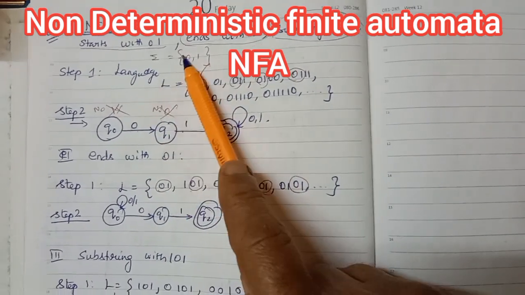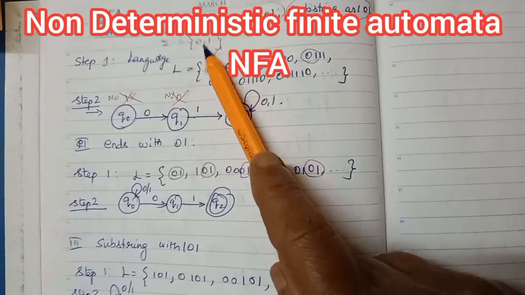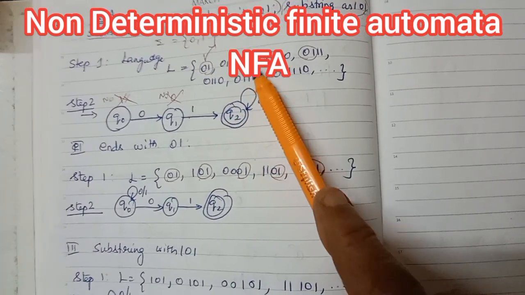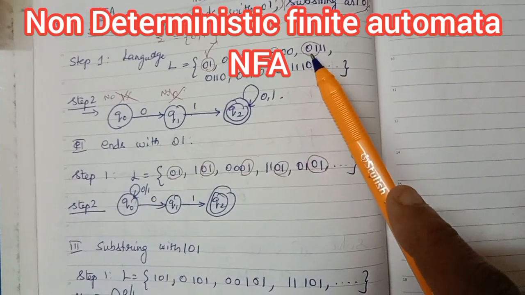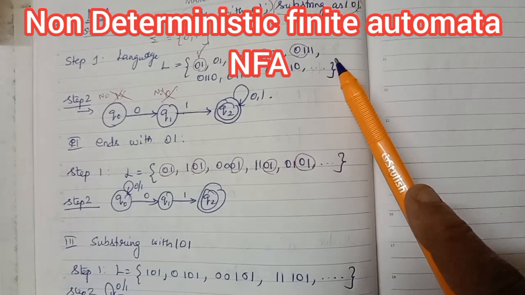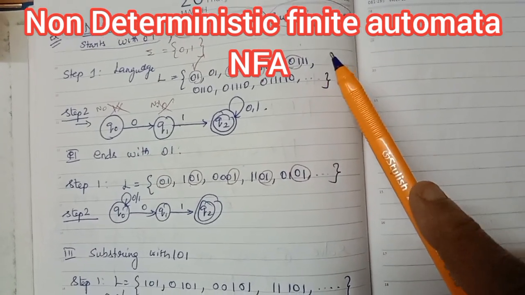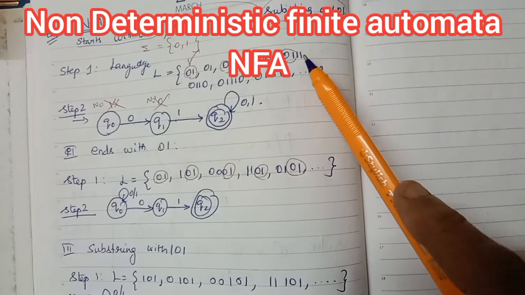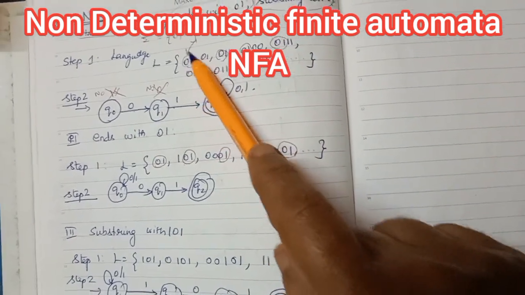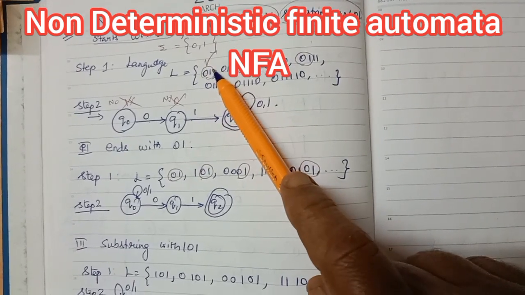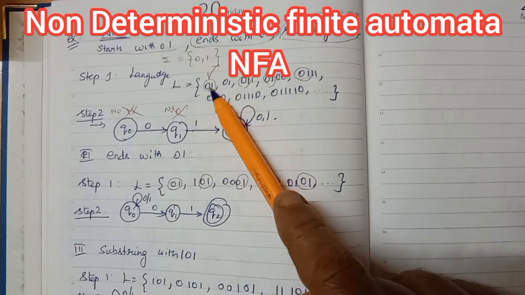See here, the language we are constructing, L, is beginning with 01: 01, 010, 0100, 011, 0111. So any number of words can be drawn beginning with 01. How do we construct this?